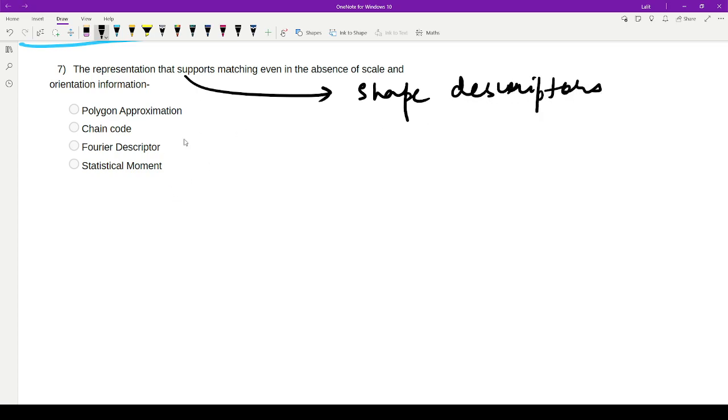All four of them are shape descriptors. The point is which one is useful where, it depends. So we'll first go with polygon approximation. What does polygon approximation do? Anyone?